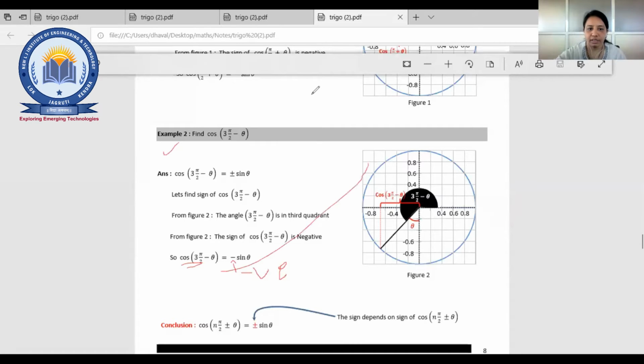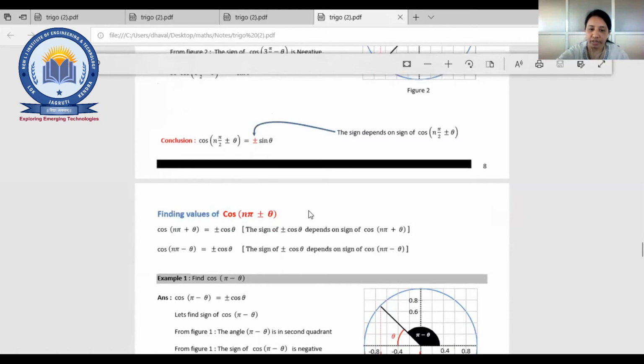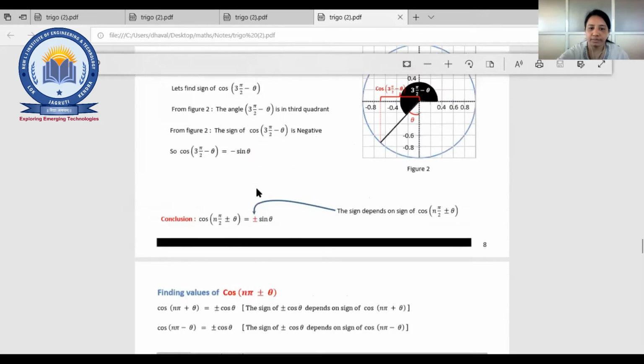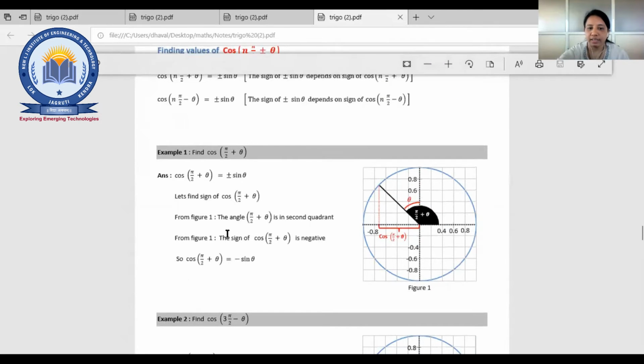Okay, fine. So next, this is about cos and sine: what should be the sign in each quadrant for pi by 2 plus or minus something and 3 pi by 2 plus or minus something. If the left side is cos, the answer will be sine.